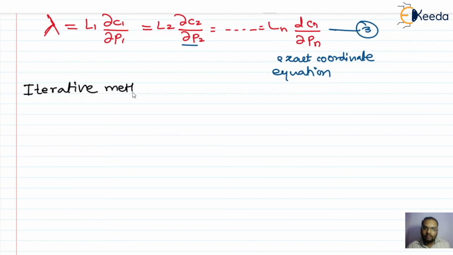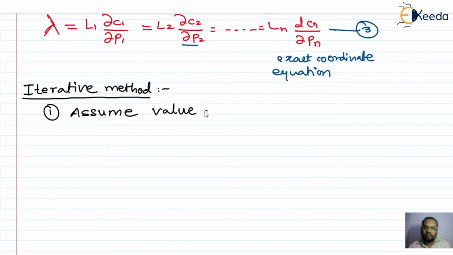Iterative method. The first step is to assume a value of lambda. How to assume this value is very crucial, so I will give you one idea that will help. We have been given the cost function as alpha plus beta P plus gamma P square.